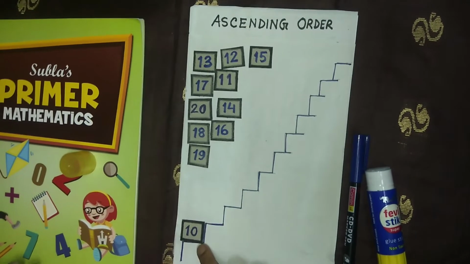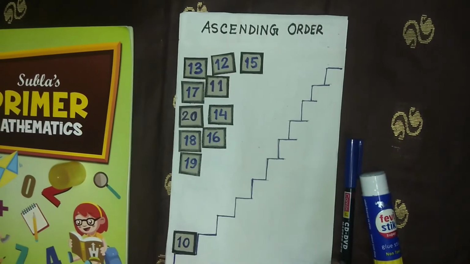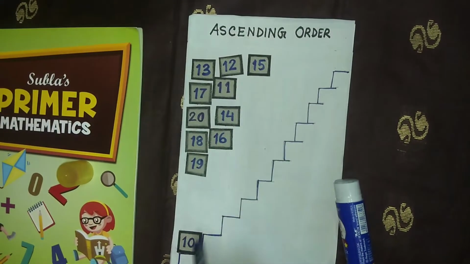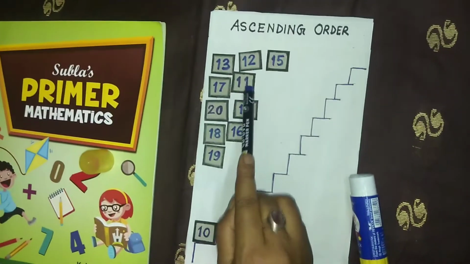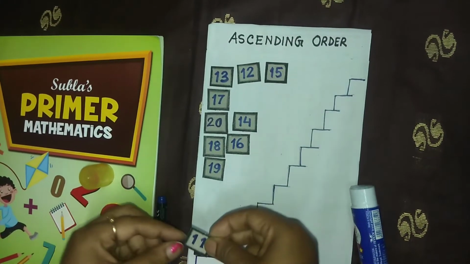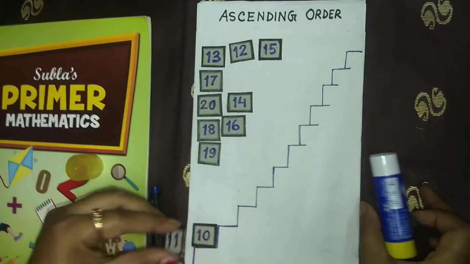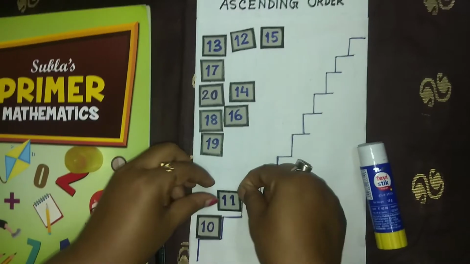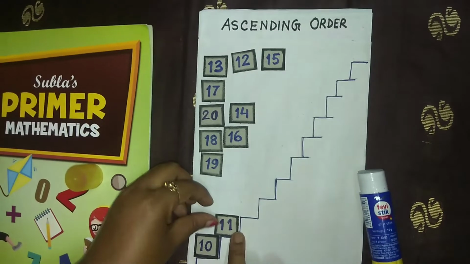Now after 10, which number will come? Let's find here. After 10, which one? Yes, 11. So I'm taking 11 and pasting it in the next step.